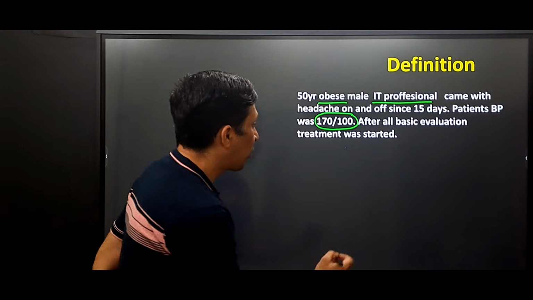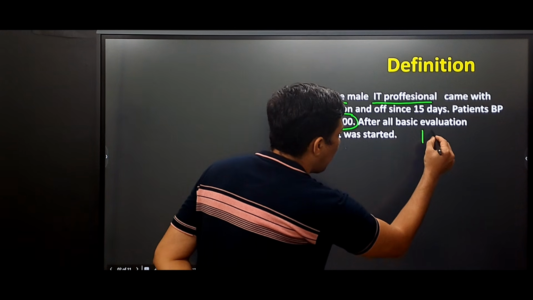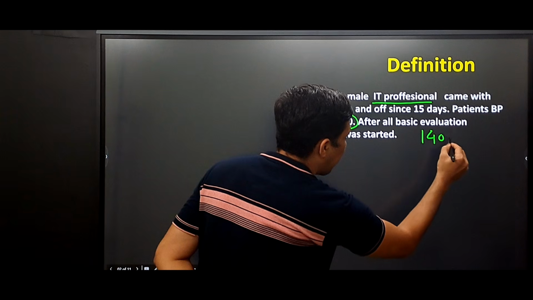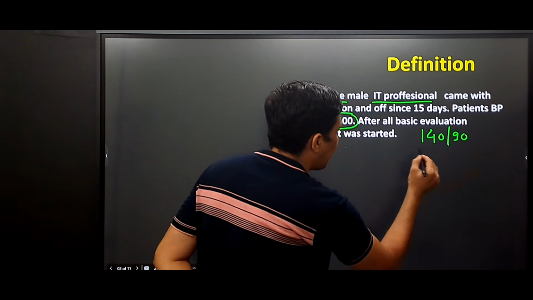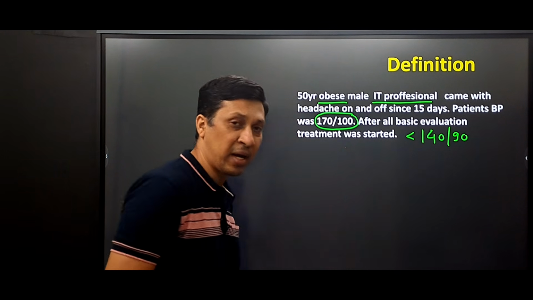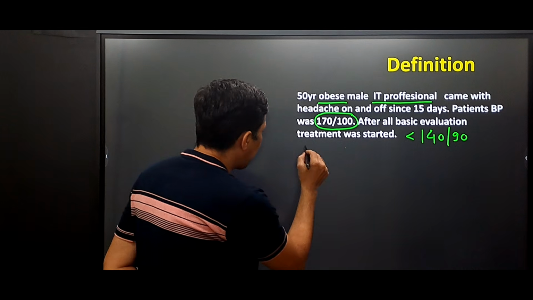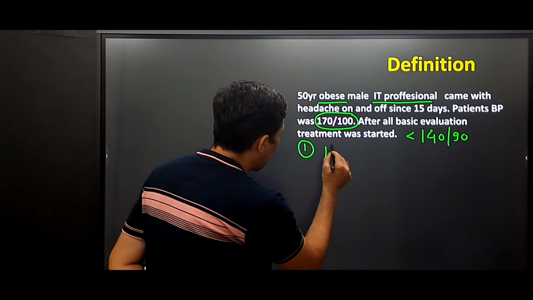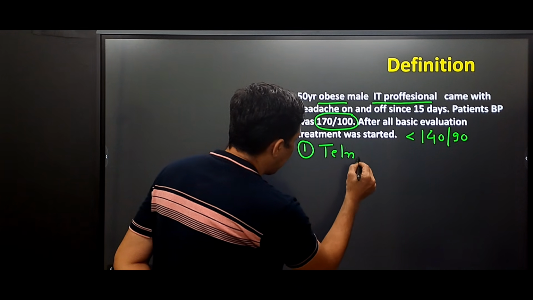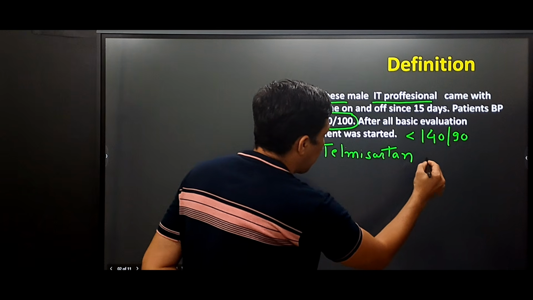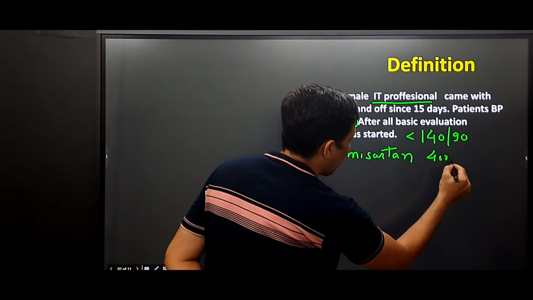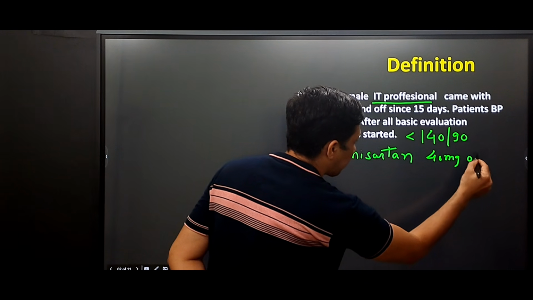Now, what is your goal? Your goal for the treatment is that the patient's blood pressure should be less than 140 by 90. Now, you first start with a drug, telmisartan. You start with 40 milligram once a day.